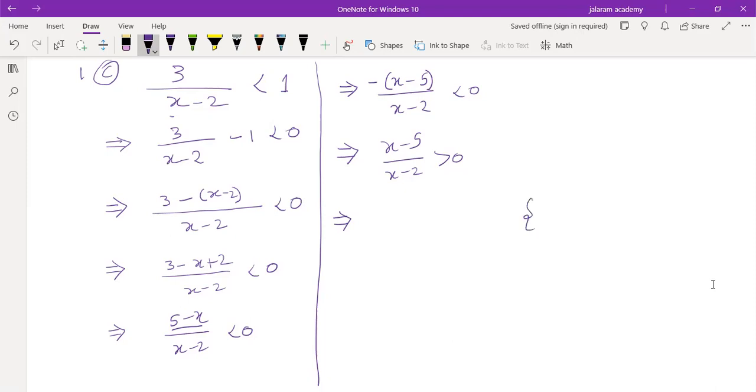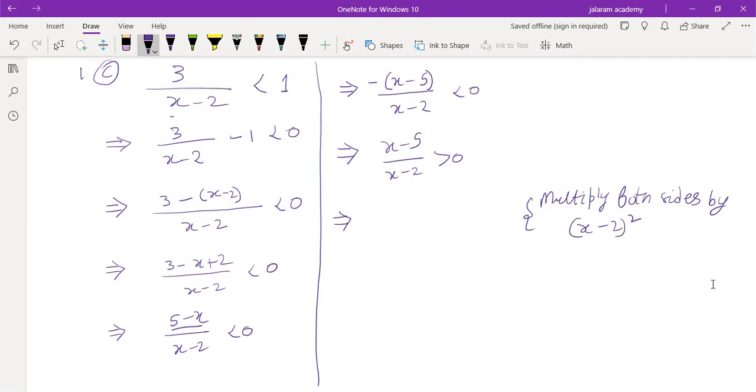Now we will multiply both sides by x minus 2 whole square. Now can you tell, is x minus 2 whole square positive or negative?